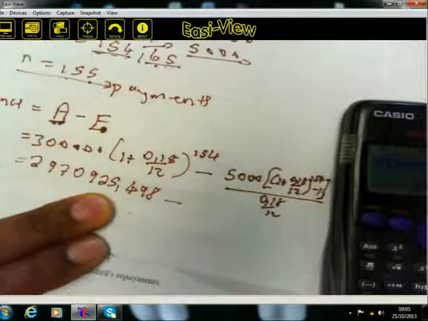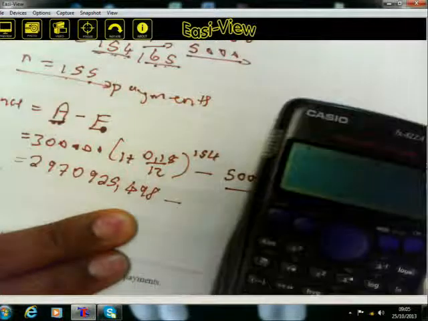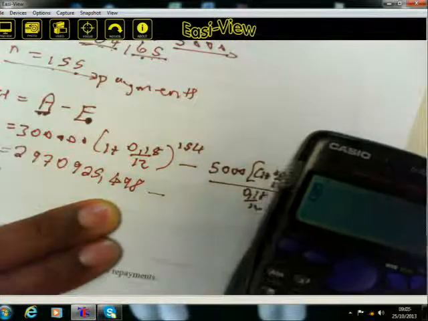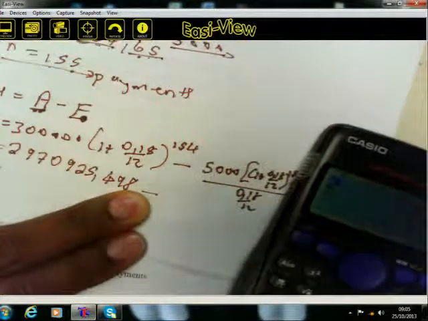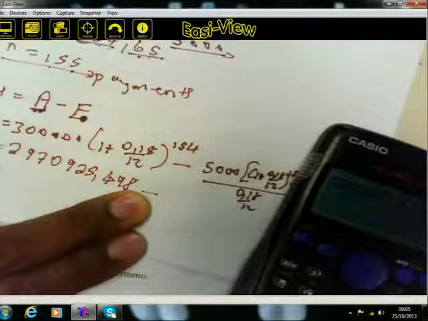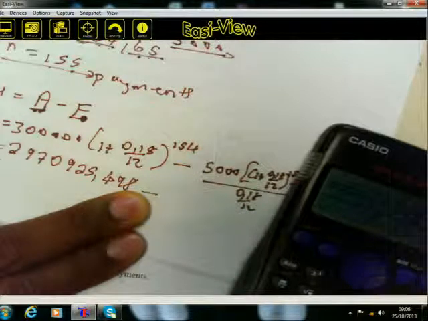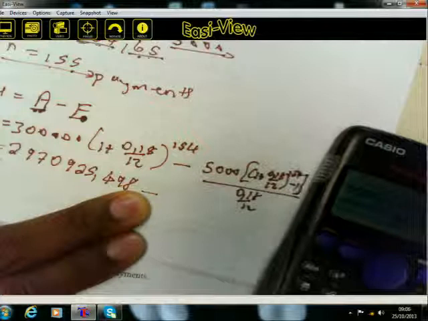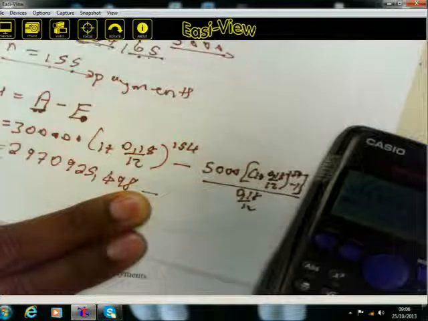And then minus what? The future value, then we have what? The future value we have 5,000, then open brackets, 1 plus, then you have 0.18 divided by 12, of course, to the exponent of 154. Now these are the number of payments.